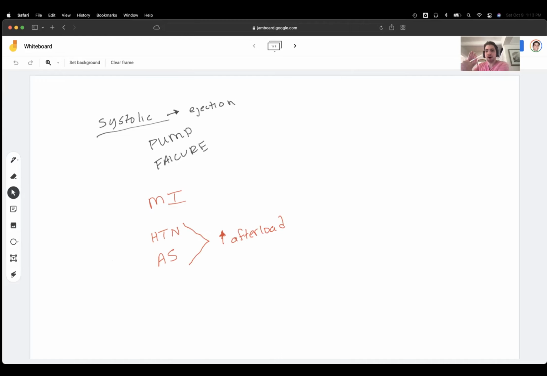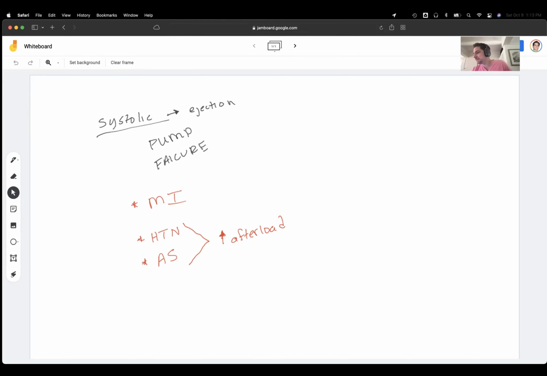Again, you're trying to pump through a very narrow opening. So again, the pump is going to start to fail, right? Either you have some sort of MI that causes myocardial damage, so the pump's not strong enough, or you're just having to work so hard against this high afterload that eventually it's going to have dysfunction and lead to failure.